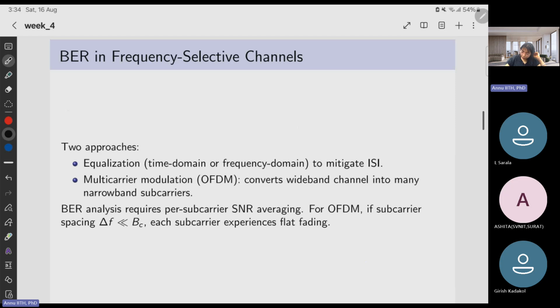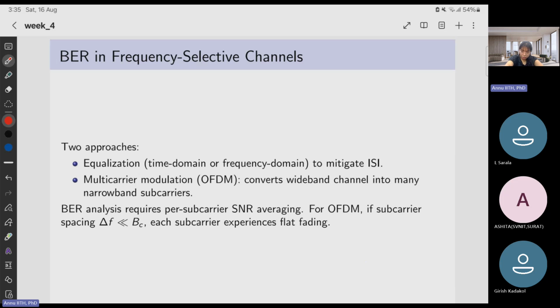How would you calculate the BER in frequency selective channels? There are two approaches. The first is equalization, in time domain or frequency domain, to mitigate ISI. Now you may wonder what equalization is.